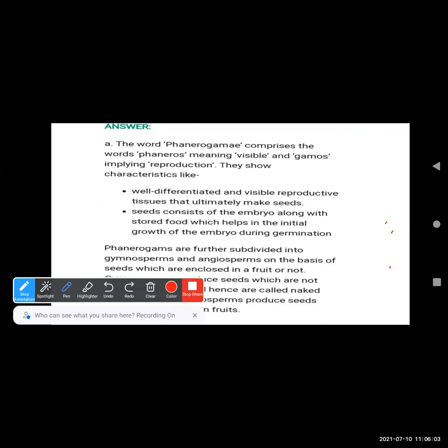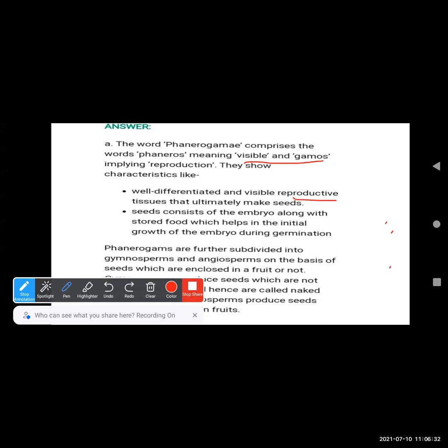So the word phanerogam means visible gametes. And the characters are well differentiated and visible reproductive organs that directly make seeds. Seeds consist of embryo along with the stored food which helps in the initial growth. Sometimes the food is there in the seed, that you have to mention.